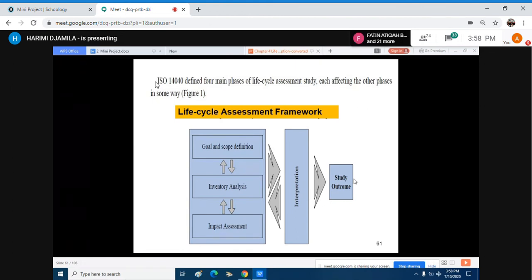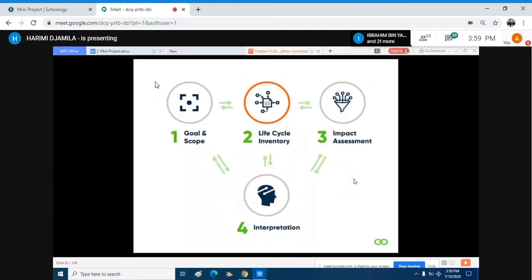Then we explain all of it. So remember, the life cycle assessment framework is goal and scope definition, inventory analysis, impact assessment, interpretation of result, and study outcome. So what is your outcome from the study? Goal and scope, life cycle inventory, impact assessment, and finally interpretation.